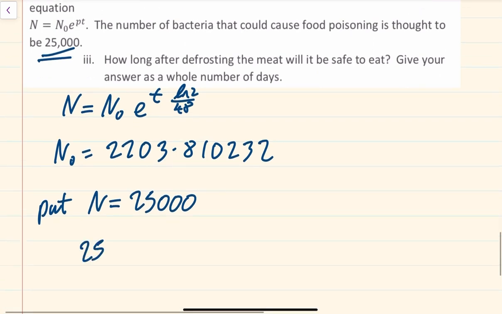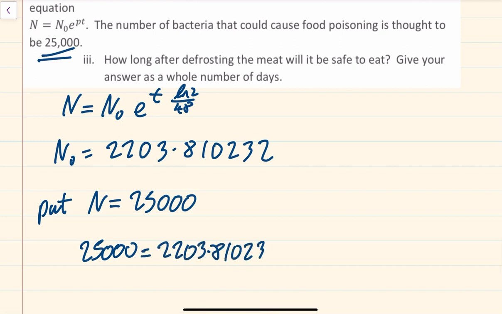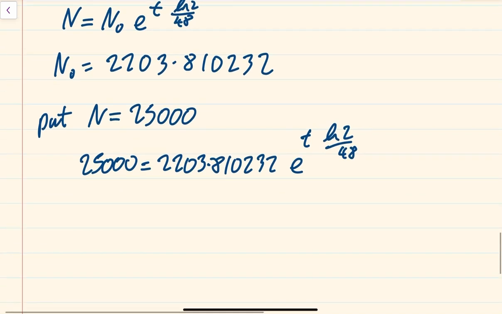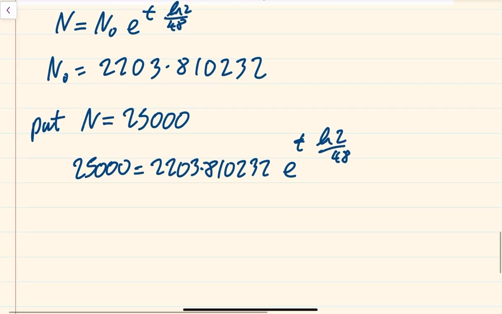So we're going to put 25,000 is equal to 2203.810232, just using this exact value, times e to the t times ln of 2 over 48. You've got a few things happening to your t here. You're multiplying your t by ln of 2 over 48, then doing e to the power of it, and then multiplying by this thing. Let's just divide first by this.